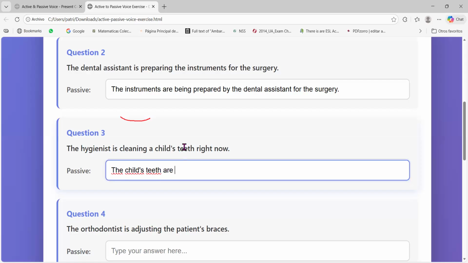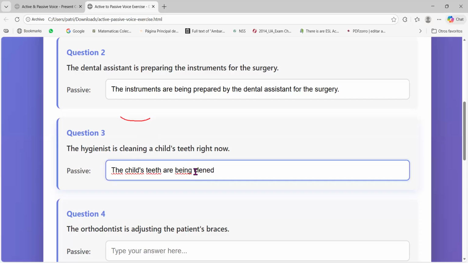Then in progress, being. And then cleaning in past participle. Are being cleaned.